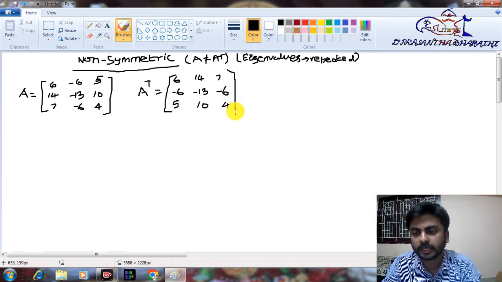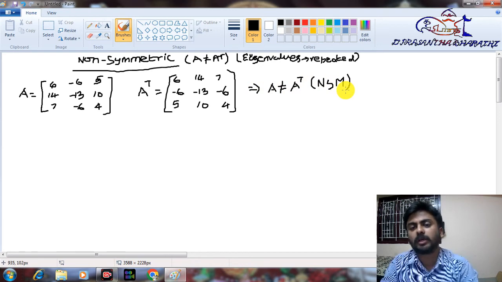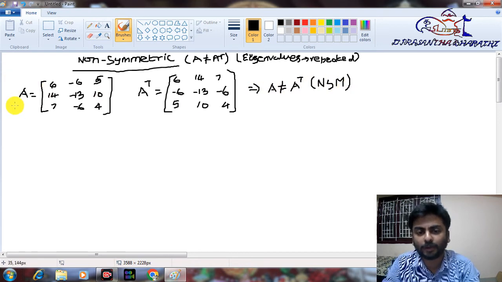So this is A transpose, which implies A is not equal to A transpose. So this is a non-symmetric matrix. Okay, now we have to find eigenvalues.